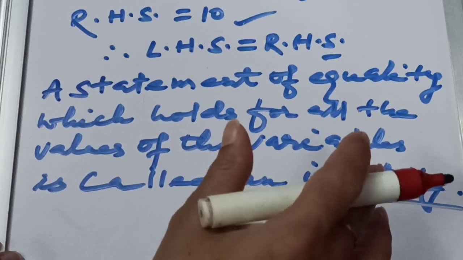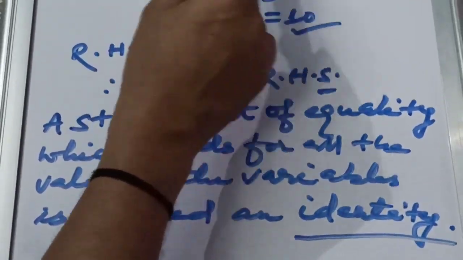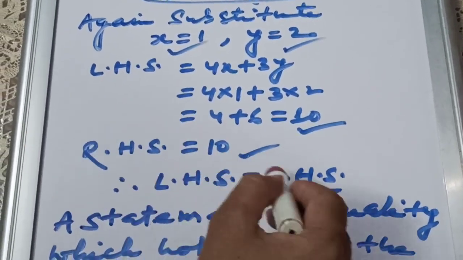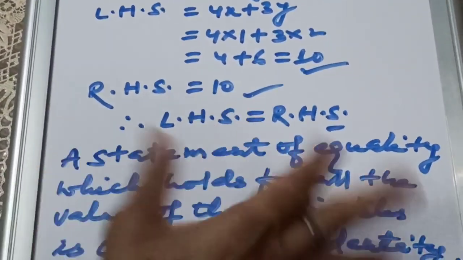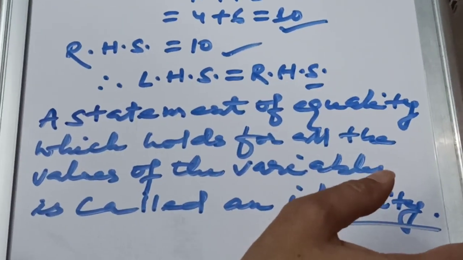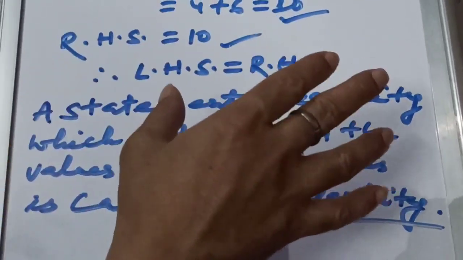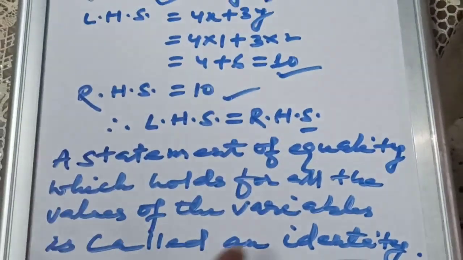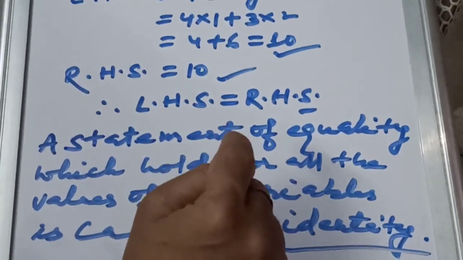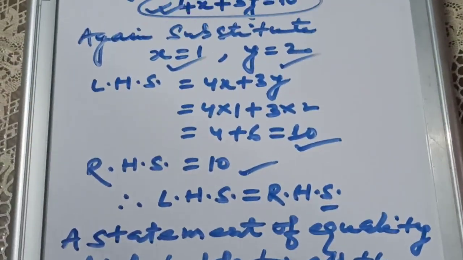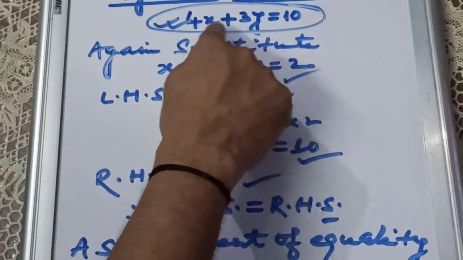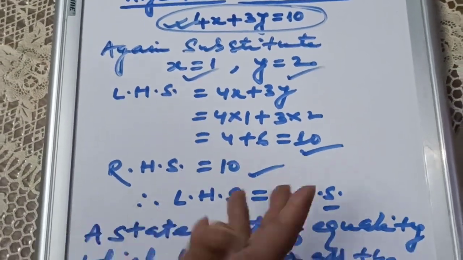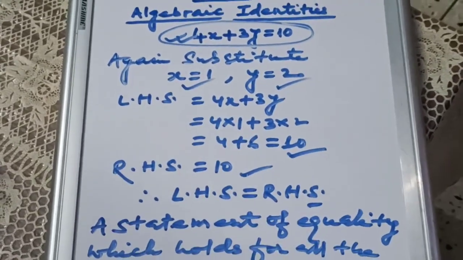Identity हम उसी समय कहेंगे कि x का कोई भी वैल्यू और y का वैल्यू पुट करे और दोनों का वैल्यू, it means LHS and RHS will be same in every aspect. हर मायने में LHS और RHS इक्वल होगा तभी हम उस स्टेटमेंट ऑफ इक्वलिटी को, this statement is called an आइडेंटिटी. But 4x plus 3y is equal to 10 is not an identity. Understand?